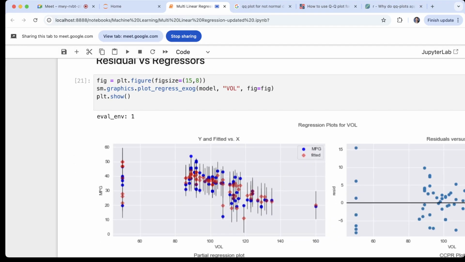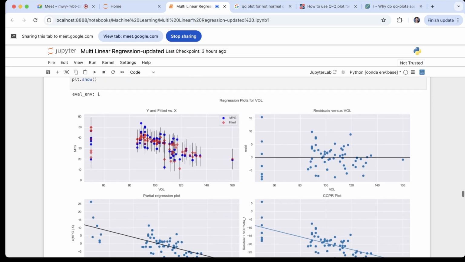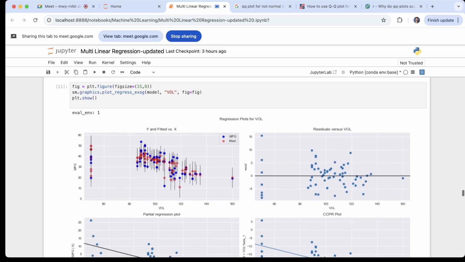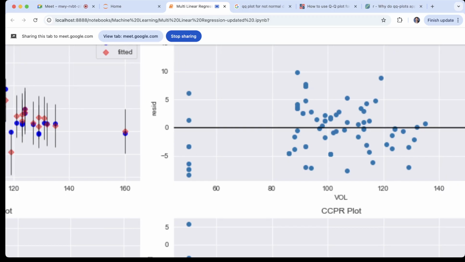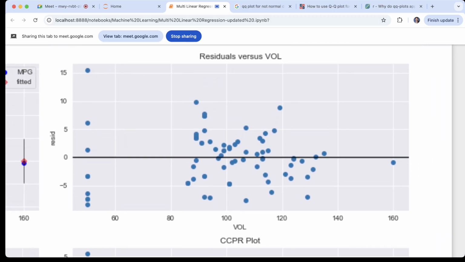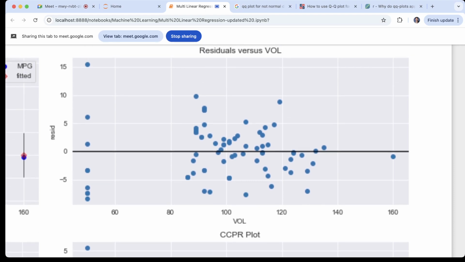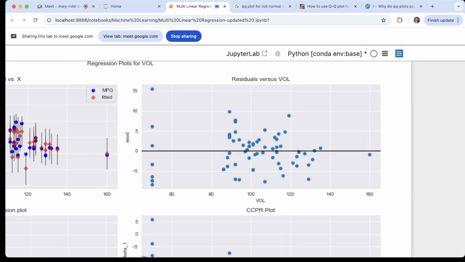Then look at this graph. There are many graphs here, but you don't need to look at the others. Just one graph is required. Look at this graph. It plots x versus residual, that means error. So any feature versus the error. If this is a random scatter plot, all values are random, there is no correlation, then your assumption is satisfied.